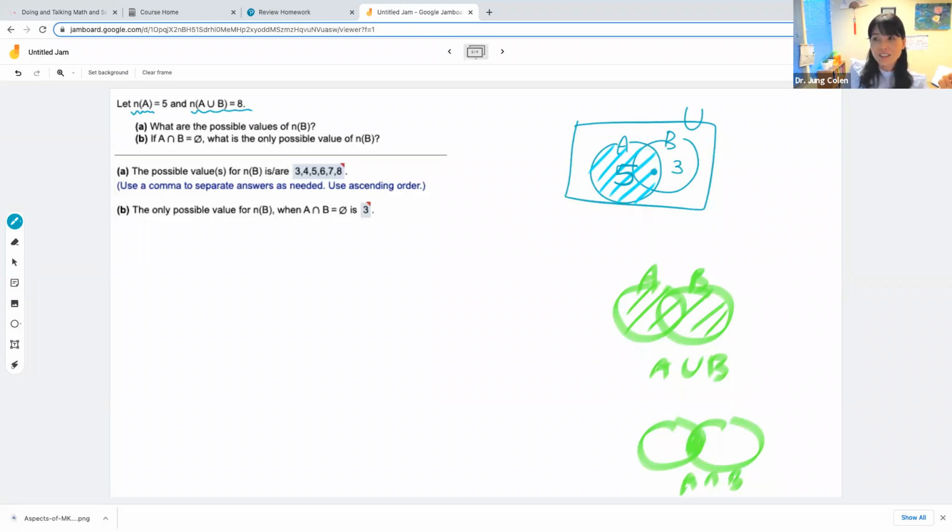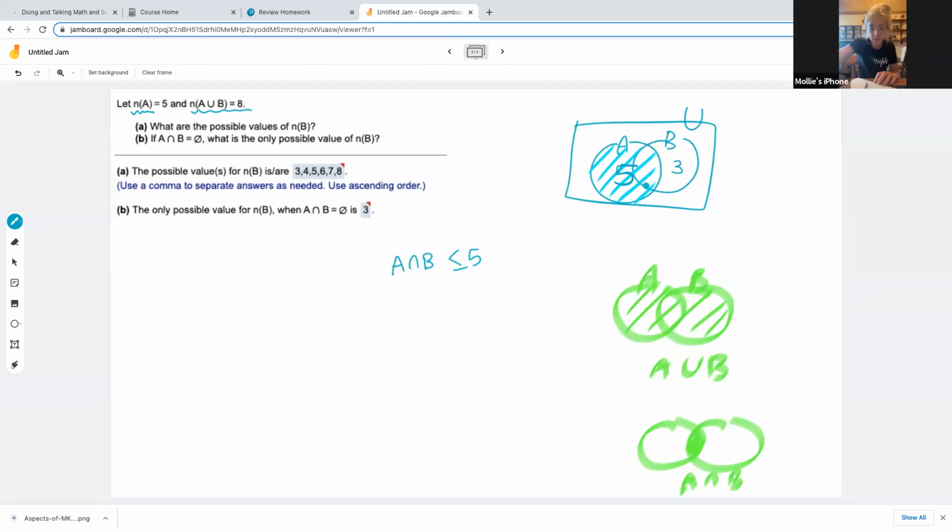But we definitely know that this part does not exceed 5, because the total number here and that together is 5. So we know that A intersection B does not exceed 5. So it can go up to 5. Does it make sense? Okay. Yes.